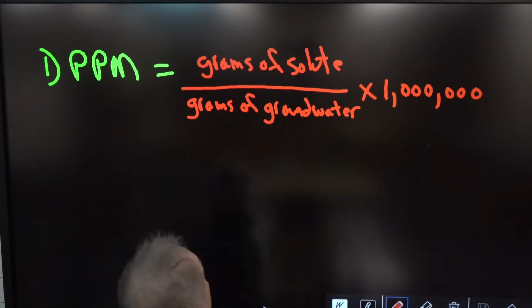All right? Now, what we're going to find right now, and then we'll find out how many ppm there are for the water that was in 25% of the households in Flint, Michigan. But the first thing we have to find is what the EPA standard for lead ions in water is.